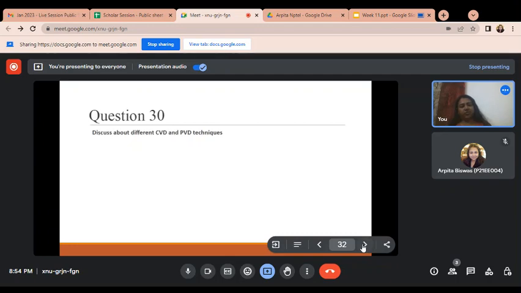What is the full form of PVD? The physical vapor deposition technique. There are different types of PVD techniques, like thermal evaporation, e-beam evaporation, and sputtering. What happens in sputtering? Argon is physically bombarded onto the target.